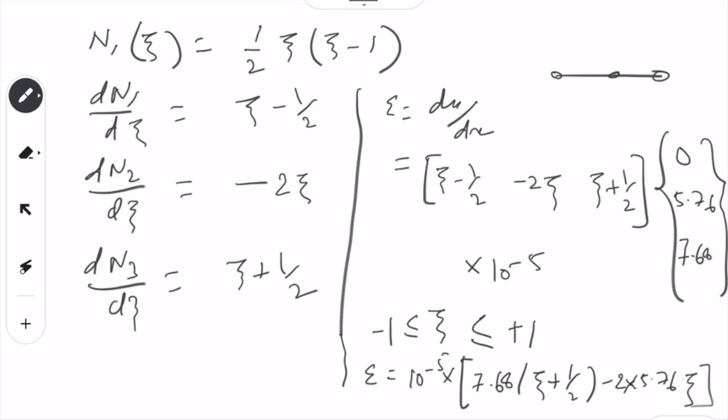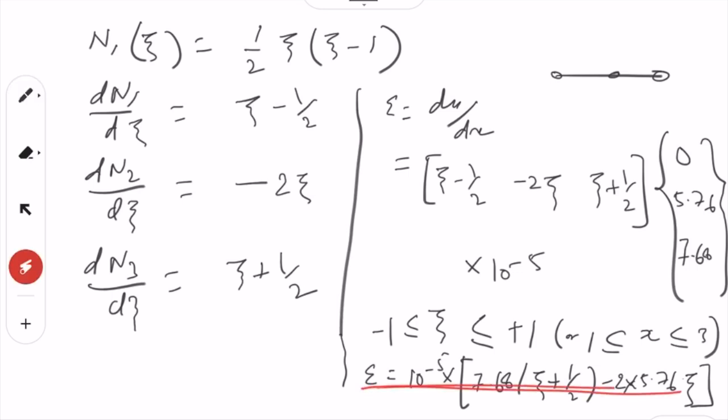So this is the value of the strain as a function of xi, changing from minus 1 to 1, or you can write as x changes from 1 to 3, and you get a strain like this one.